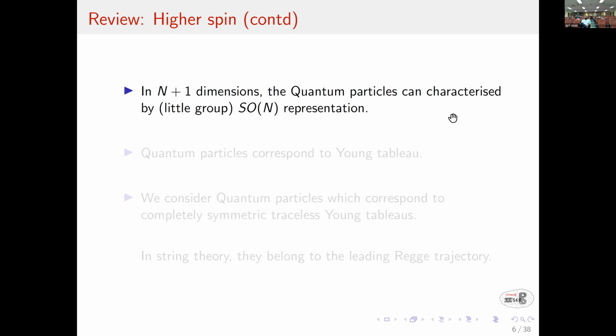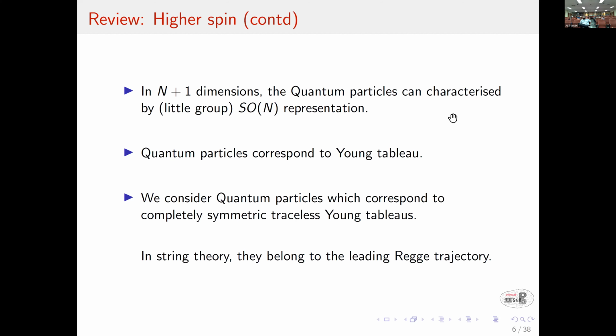So in n+1 dimensions, the quantum particles can be characterized by the little group SO(n) representation. So quantum particles have a one-to-one correspondence with Young tableaux. Massive particles, I'm sorry. Yes, actually even massless, but in that case I have to do SO(n-1).